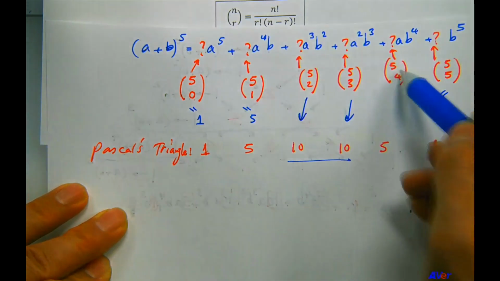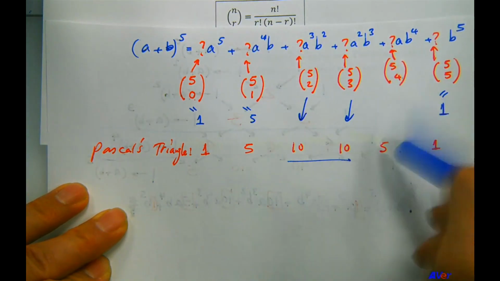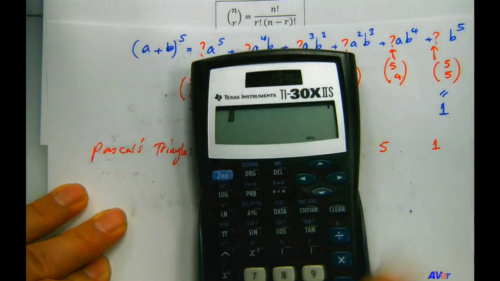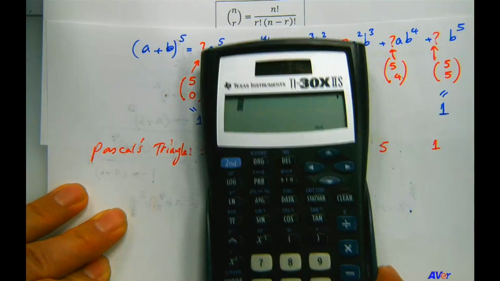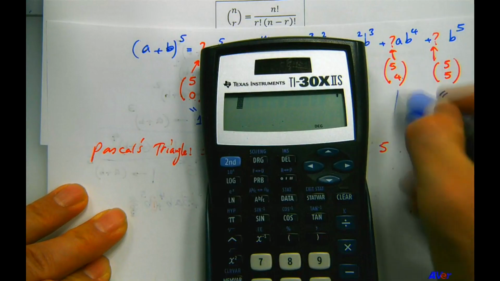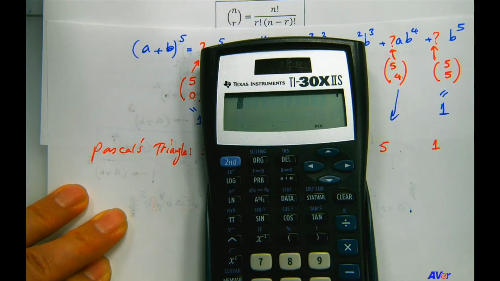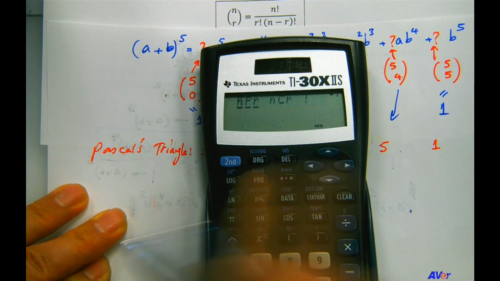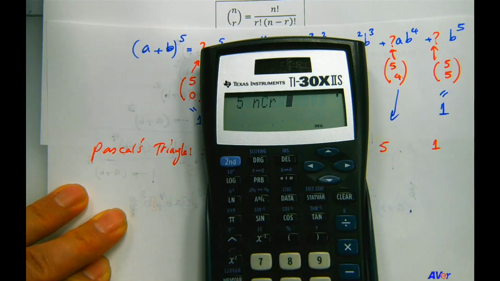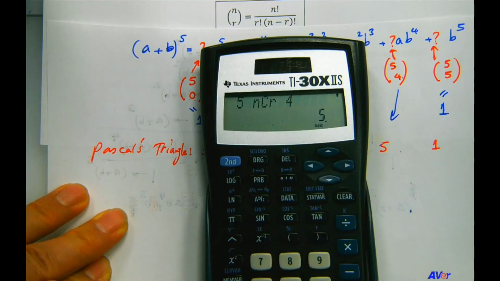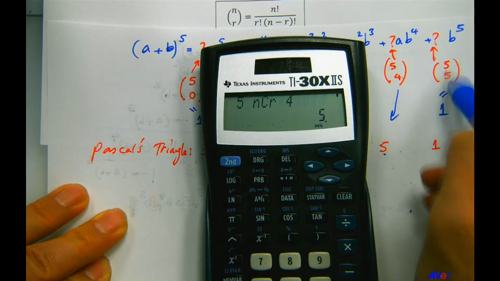So what do we get from 5 choose 4? We need 5 choose 4 to give us 5. Let's see if we get that. 5 choose 4, 5. Okay, there we have it. 5 choose 5.